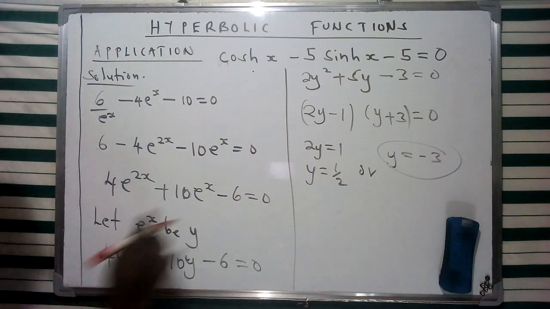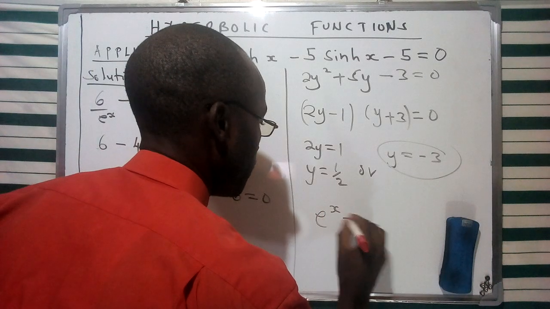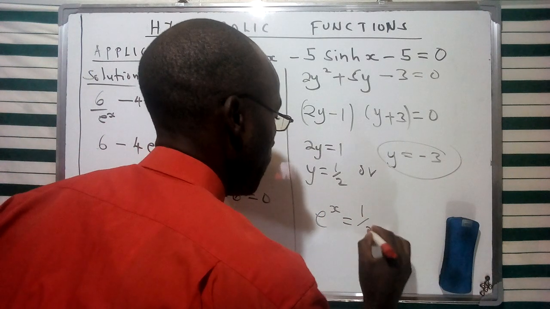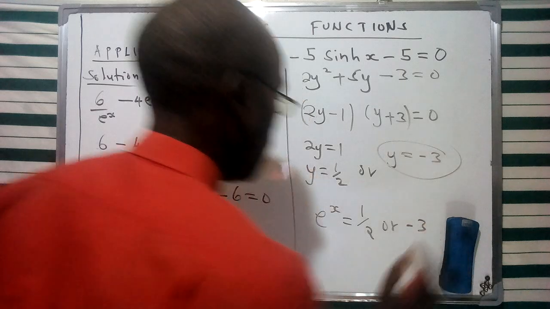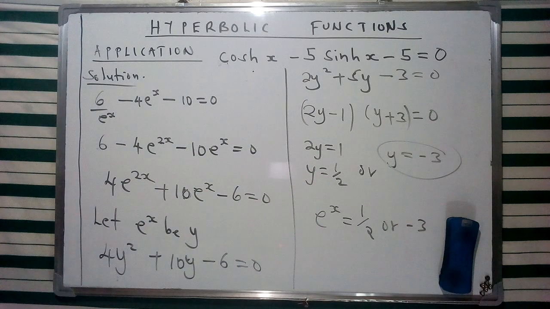So we accept that e raised to x is going to be equivalent to a half or negative 3. From the evaluation of that one, we're going to find the value of x by employing the concept of natural logarithms.